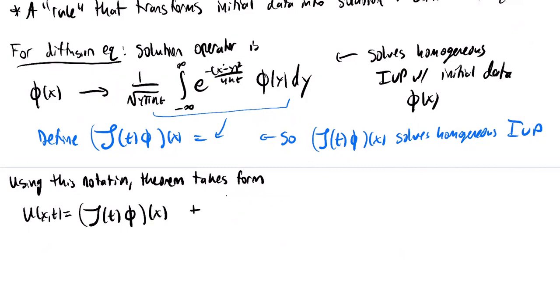And then I have an integral from 0 to t of the solution operator at time t minus s applied to my function f at x, but I'm integrating with respect to s, right?